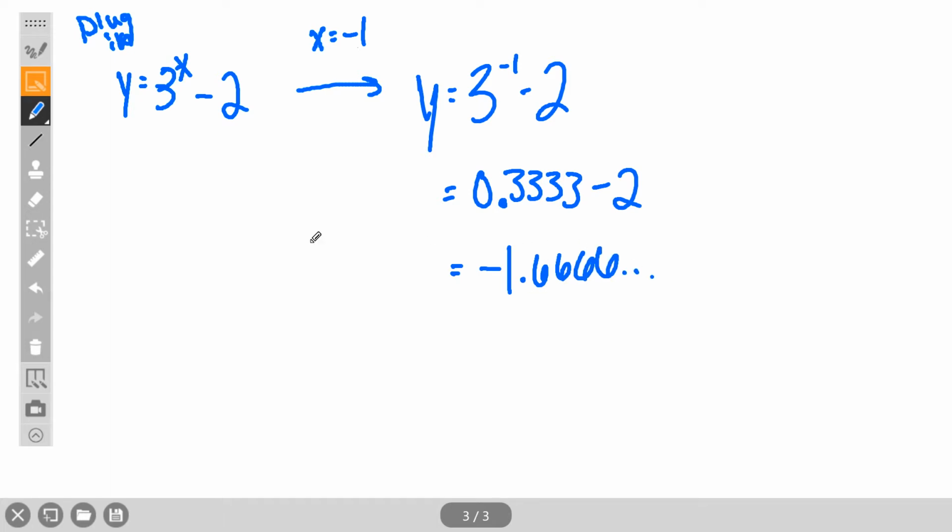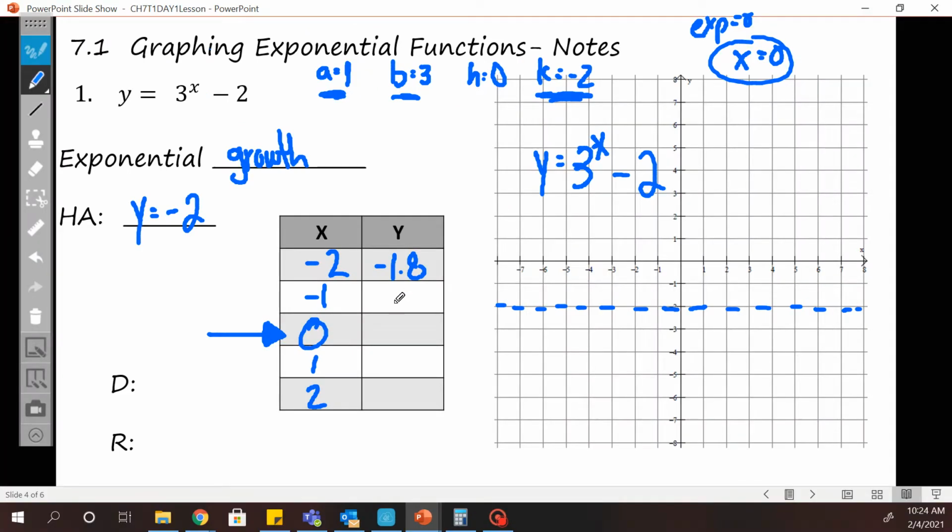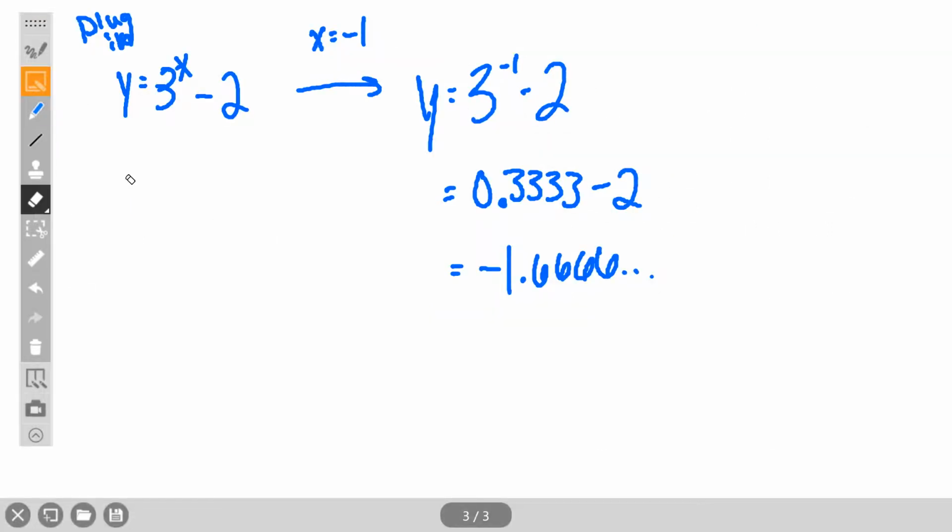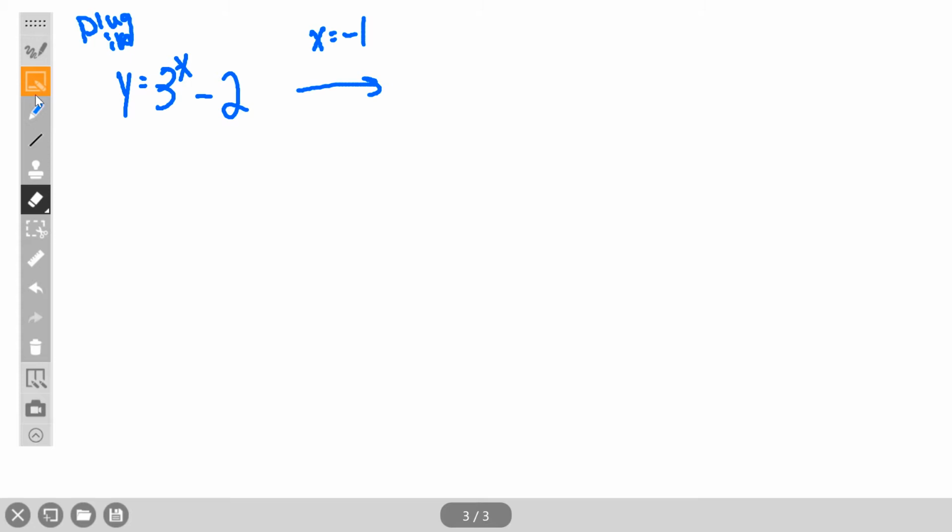It just keeps going, but I'll just round that off, -1.6. Doesn't have to be perfect. Let me go back to my table. -1.6. Okay, next I want to plug in 0. Wait a minute, I think I made a mistake here.